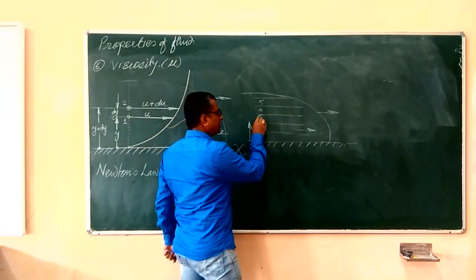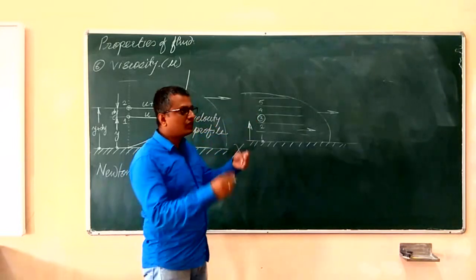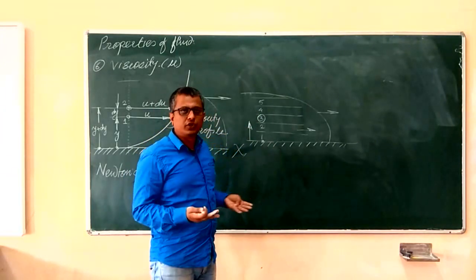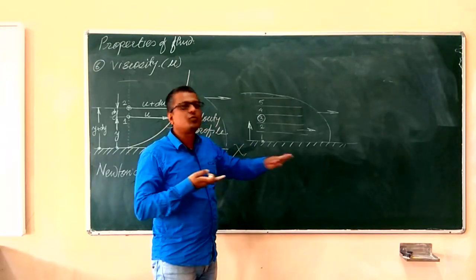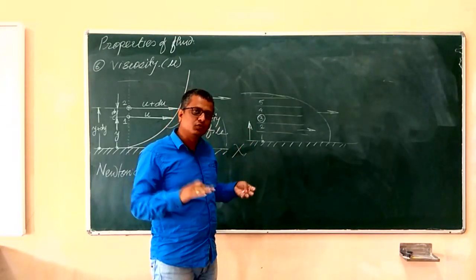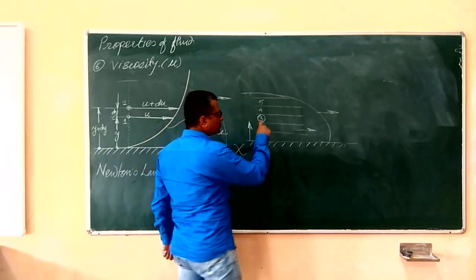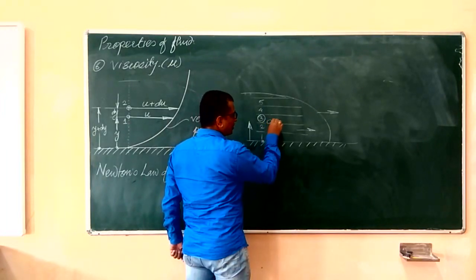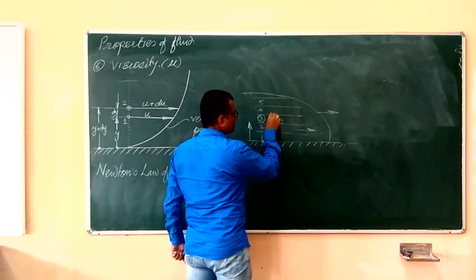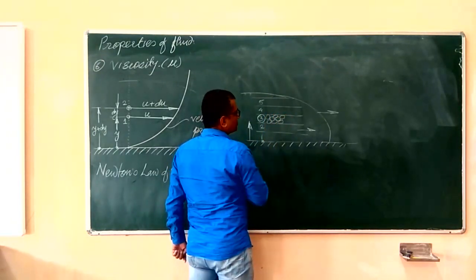What do we mean by a fluid layer? A fluid layer means a set of molecules which is sliding smoothly over one another. So the molecules of this fluid layer 3 are arranged something like this, maybe. So these are the molecules.